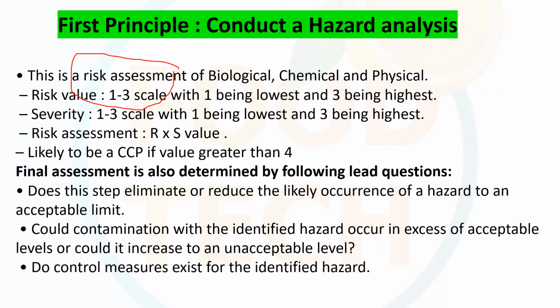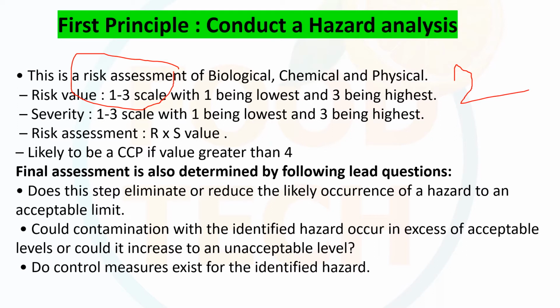During the risk assessment, there is a value for every assessment. So here the risk value is based on a scale of 1 to 3, where it is obvious that 1 is lowest and 3 is the highest. In case of severity also, it is 1 to 3, and then it is multiplied. Suppose, as an example, the risk value is 2 and the severity is 1.